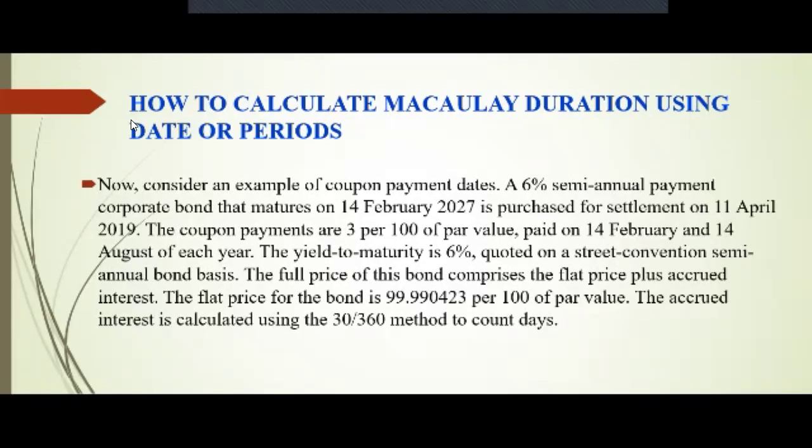The example says: now consider an example for a coupon payment of 6, semi-annually. The period here is semi-annually. A corporate bond maturing on 14 February 2027 and purchased for settlement on 11 April 2019.